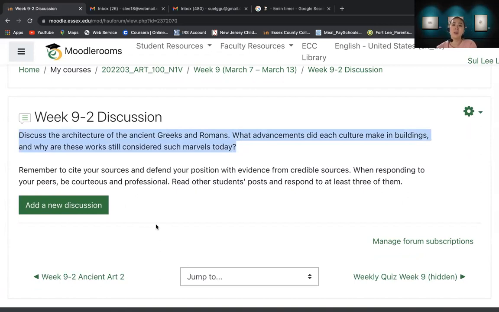What advancement did each culture make in buildings, and why are these works still considered such marvels today? Please answer this question by this Monday, and by this Tuesday, please reply to your peers.